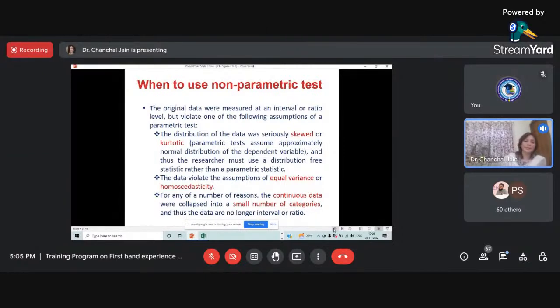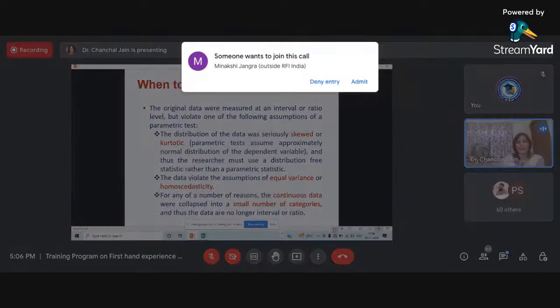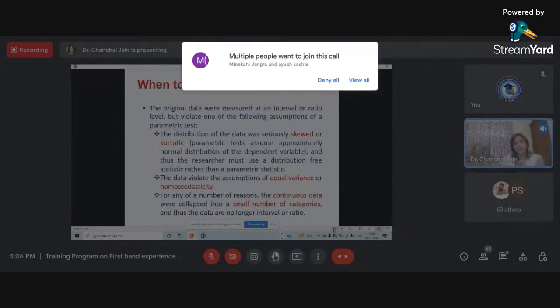Parametric tests generally assume the normal distribution of the dependent variable, or the variable which we are measuring on continuous scale. If the continuous variable is not following the normal distribution, or it is skewed or kurtotic, we will not go for the parametric test, and we will select the appropriate test from the non-parametric category.